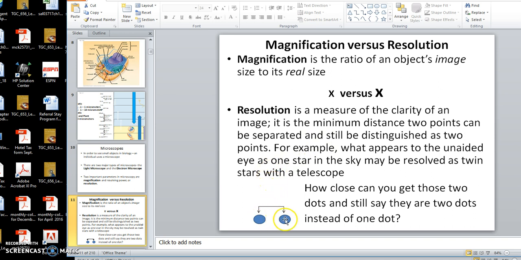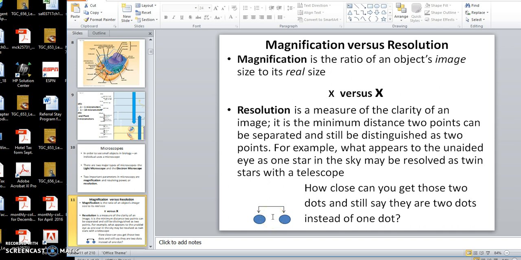Because the closer you put two points together, in order to say these are two points, some illumination must go between. If a photon is bigger than an electron, then you can't put the two points together as close as you could with an electron. In other words, the sharp image.